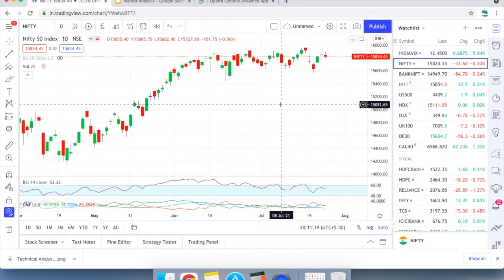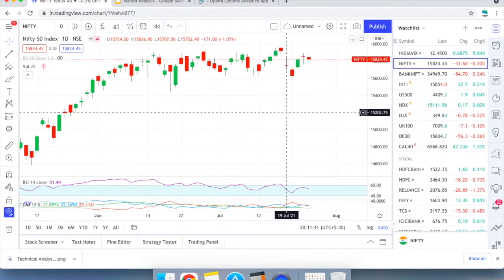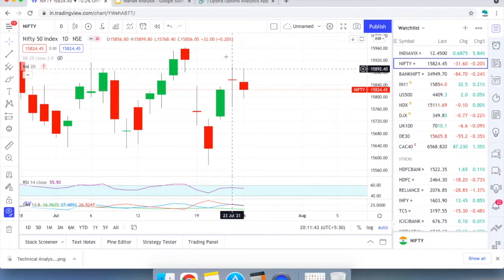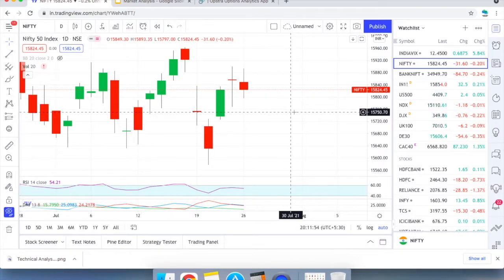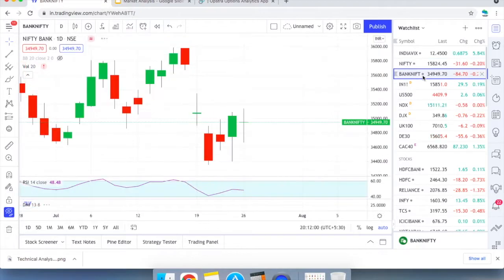So this is the Nifty 50 index chart. The previous day was a doji, showing uncertainty, and today was an inside day, which is a bearish kind of spinning top inside the big doji. So it's a bearish candle, we can clearly say.